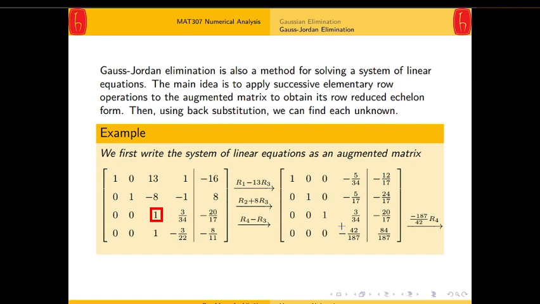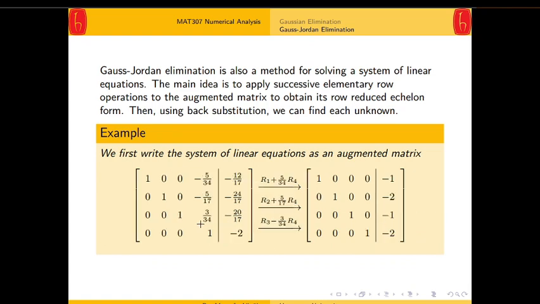So next we need to make this leading entry to be 1. To that end, we can multiply this row by negative 187 divided by 42. Okay, so when we do that, we will have this row. So this will be 1.